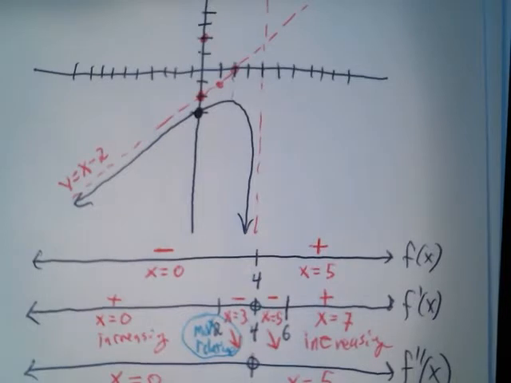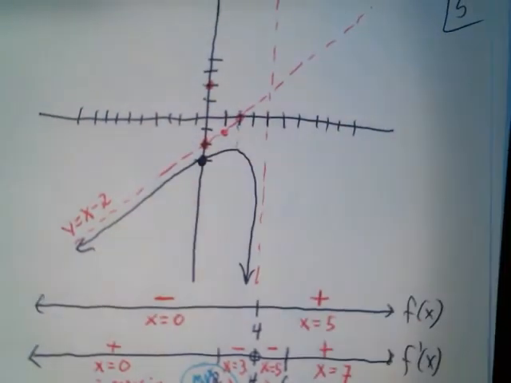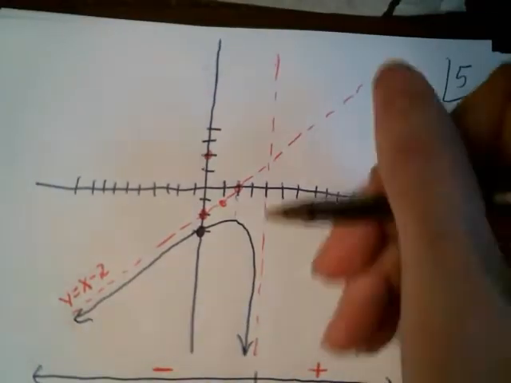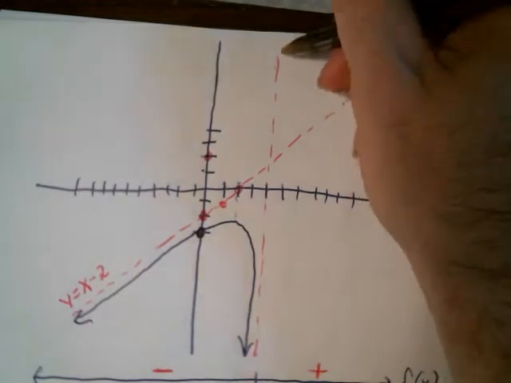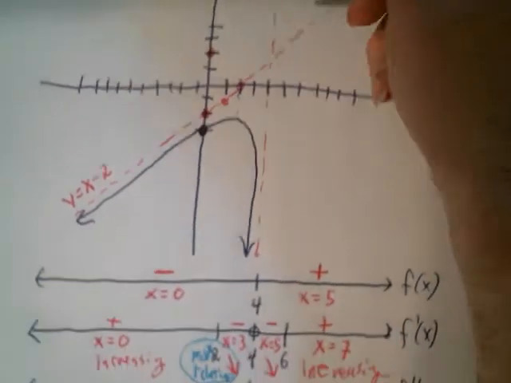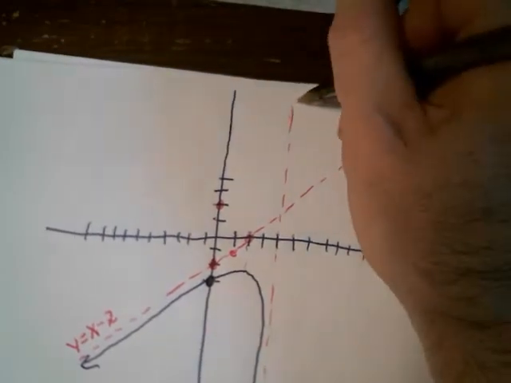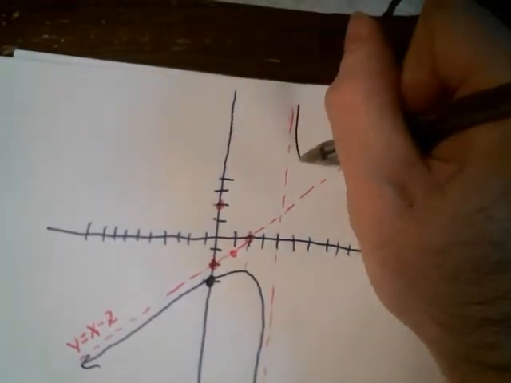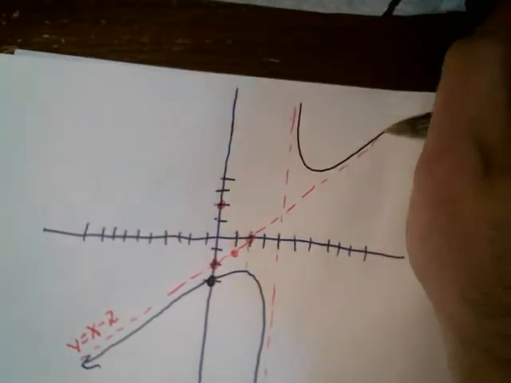Sorry about my handwriting and everything. Then there's a nice big asymptote, and in this direction, it's going to be approaching this asymptote. Over here, we're above the x-axis, but it's decreasing and it's concave up, so it should look like a U in this region. At 6, the derivative is decreasing, then increasing, so there should be a relative min there.